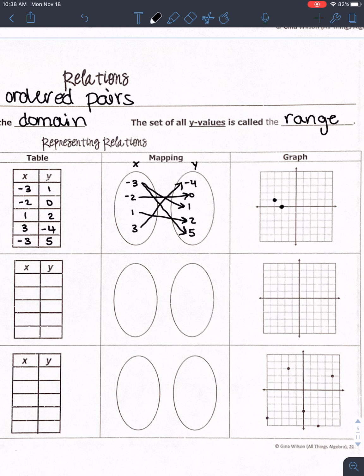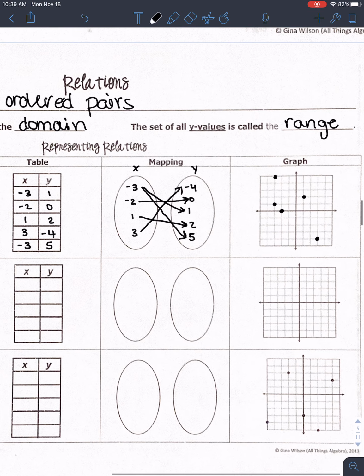And then I have 1, 2. So I go to the right 1 and up 2. Then I have 3. So I go to the right 3 and down 4 because it's negative. And then I go to the left 3 and up 5. 1, 2, 3, 4, 5, if I can count. So that's also how you would graph it.